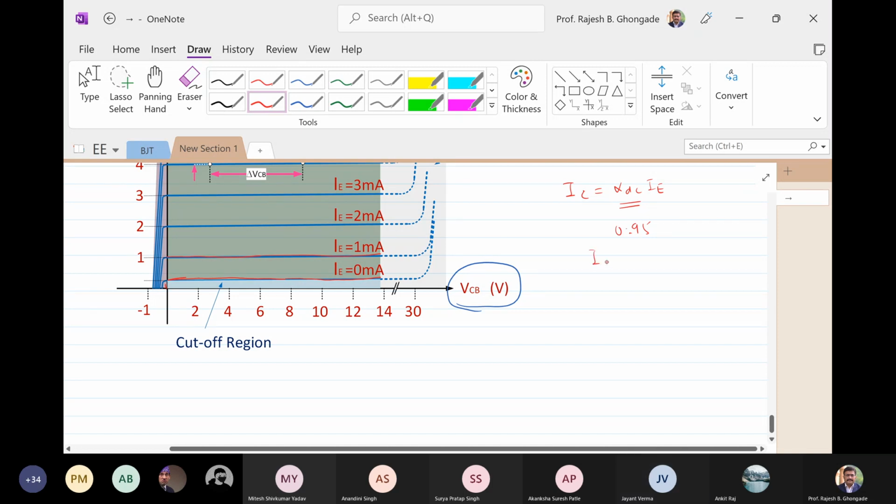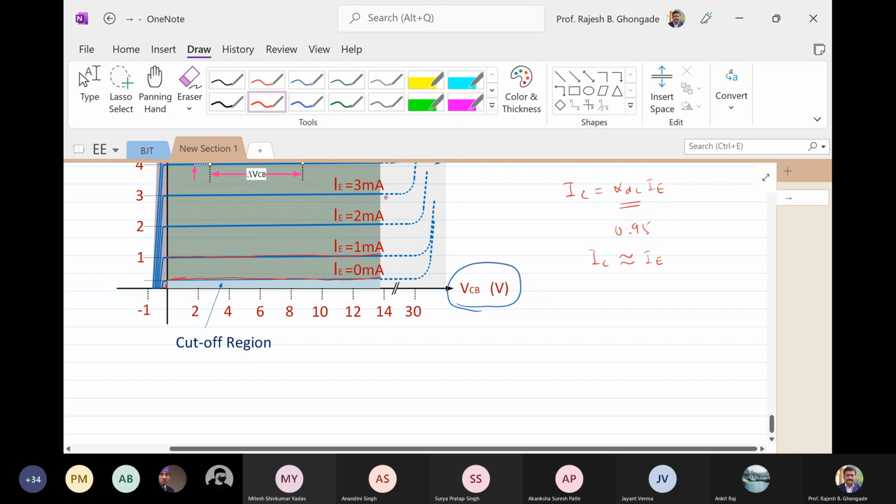In this case IC will be nearly equal to IE, and that is evident from here. So if I keep IE as 1 milliampere and if I change the value of VCB, that is the output voltage, in that case the collector current that I'm going to get is going to be nearly equal to IE.